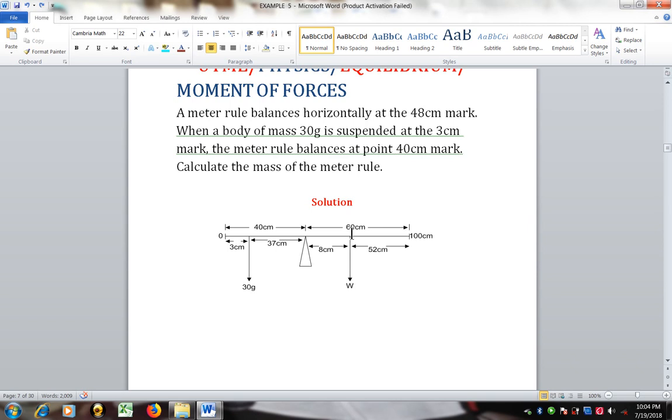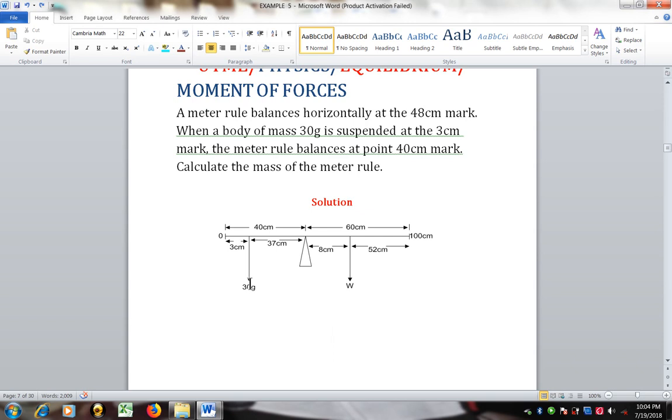Now, when a body of mass 30 gram is suspended at the 3 cm mark, the meter rule balances again at the 40 centimeter mark. Which means we shifted the fulcrum from the 48 centimeter mark to the 40 centimeter mark.